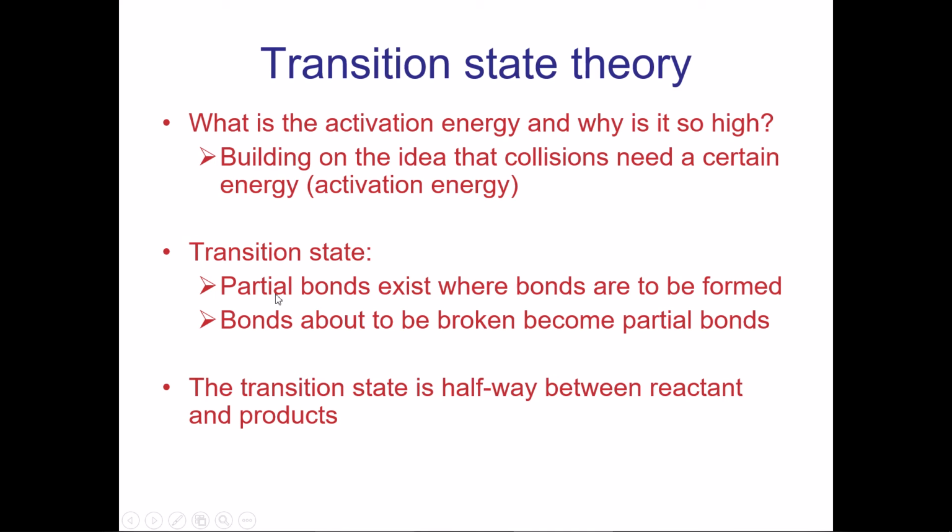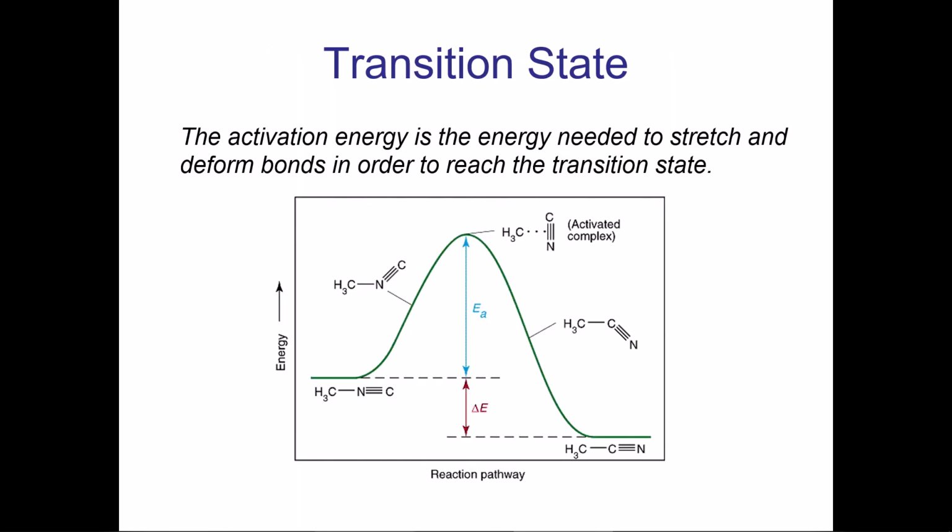So in the transition state, at the top of that peak, we have partial bonds from the bonds that are being broken in the reactant, and we have partial bonds that are becoming the new bonds for our product. And the transition state is really just a hypothetical, imaginary halfway point, what this must look like if we're going halfway.